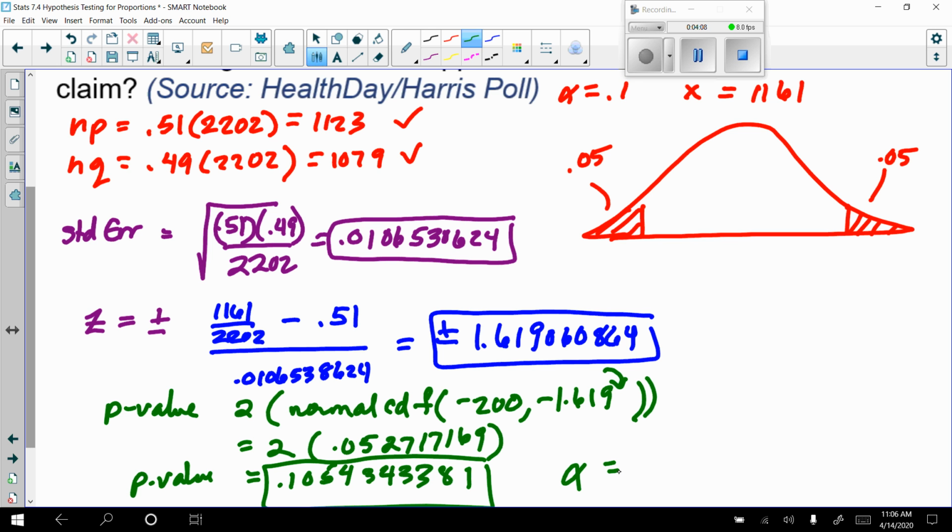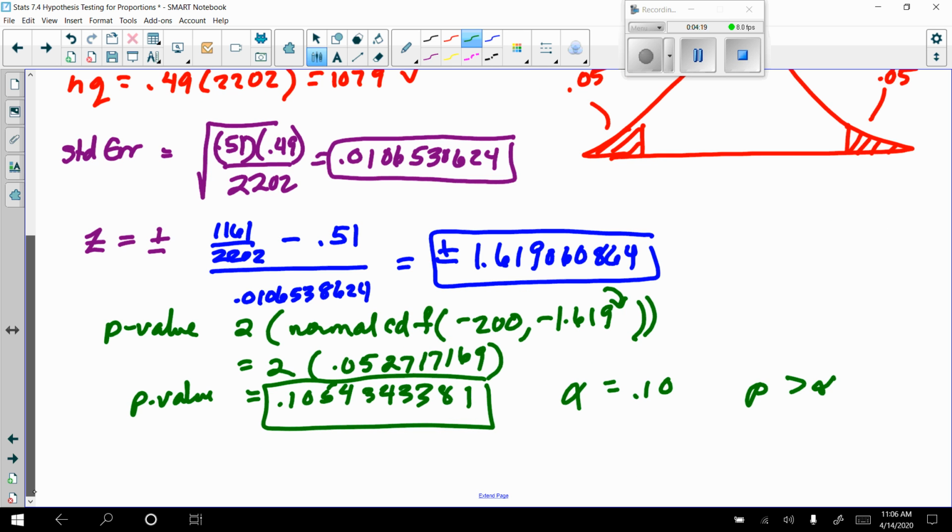Our alpha level, remember, is 0.1, and P is greater than alpha. That means there is not enough evidence to reject.